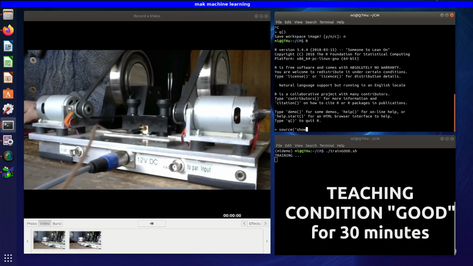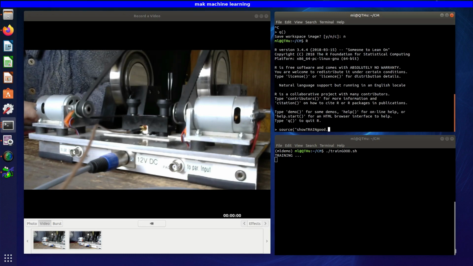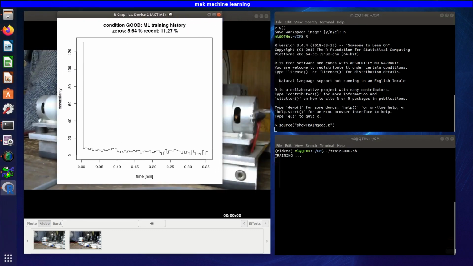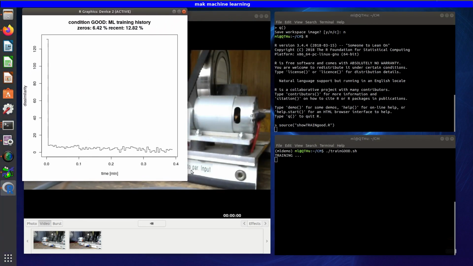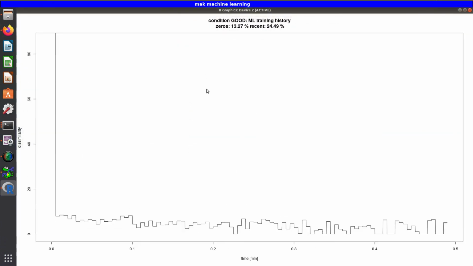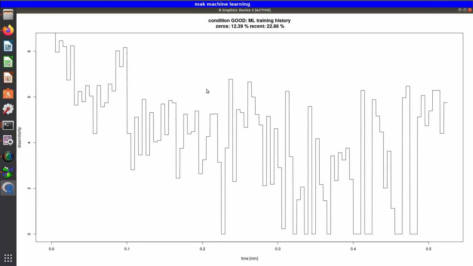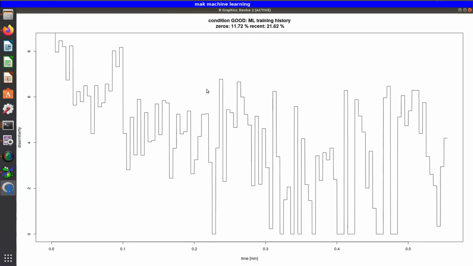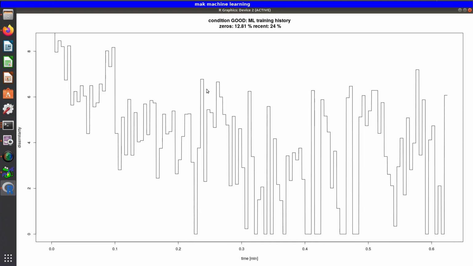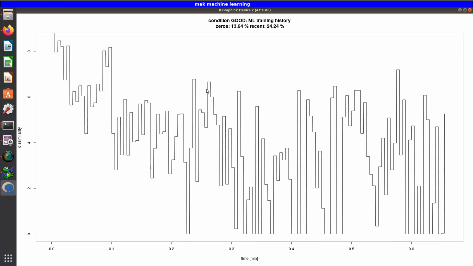Okay, let's now teach condition good for 30 minutes. The dissimilarities decrease over time, and the percentages of zeros keep increasing.